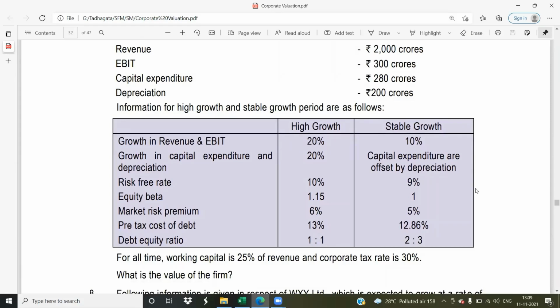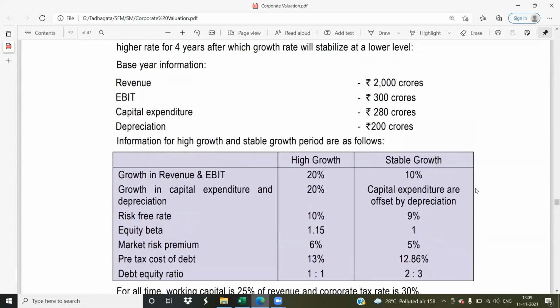Just hold on, do we have anything here? Pre-tax cost of debt. There is no interest given, right? So since there is no interest given, we'll subtract tax from it. So you get earnings before interest but after tax.